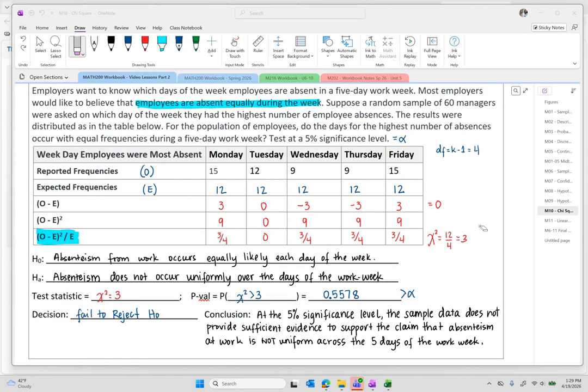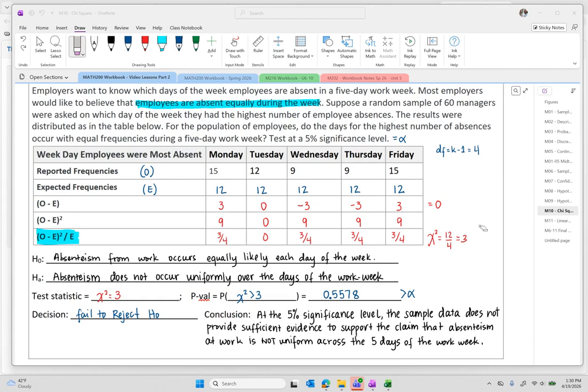So this chi-squared statistic that is equal to 3 generates a p-value of 0.5578, which is greater than alpha, and actually 55.78% indicates that the observed or reported frequencies of employees being absent over the 5 days of the week are not an unusual outcome coming out of the theoretical distribution of the null hypothesis.